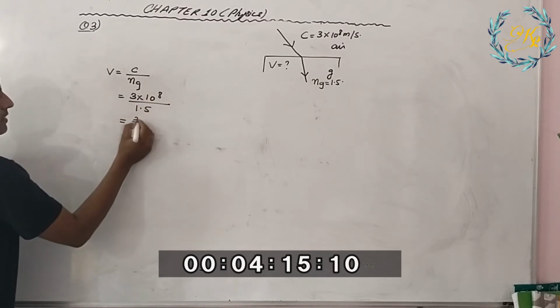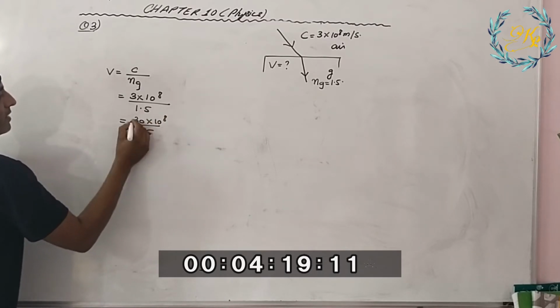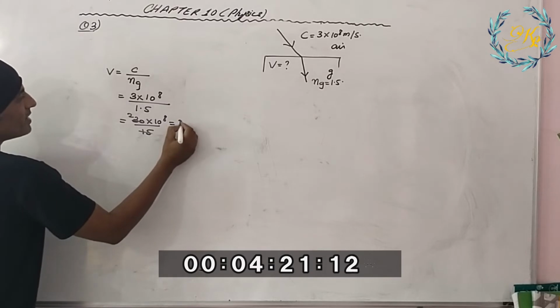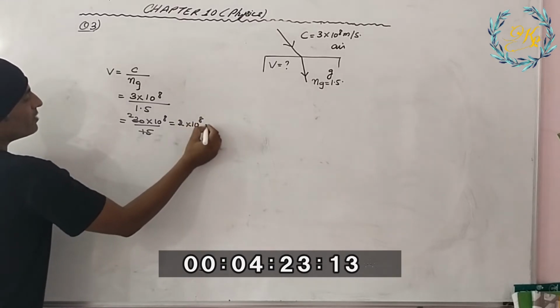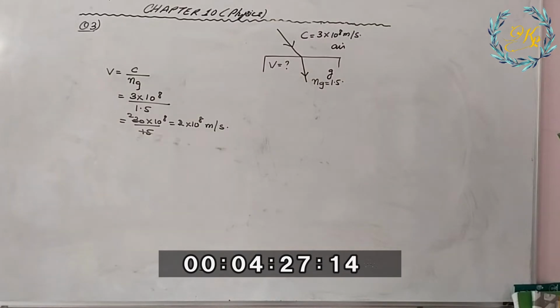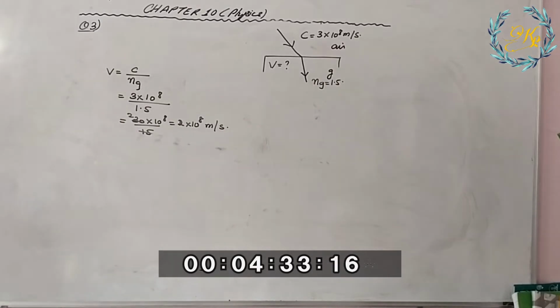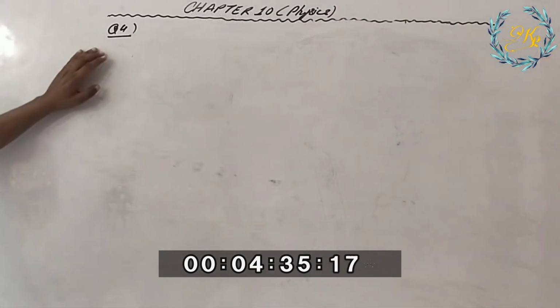Removing the decimal from here, we get 30 into 10 to the power of 8 upon 15. Cancel these, you get the answer as 2 into 10 to the power of 8 meters per second. So we can see that the speed of light in glass is 2 into 10 to the power of 8 meters per second.